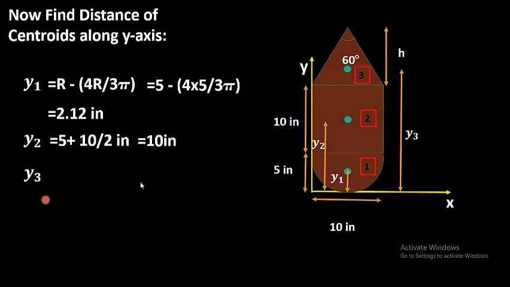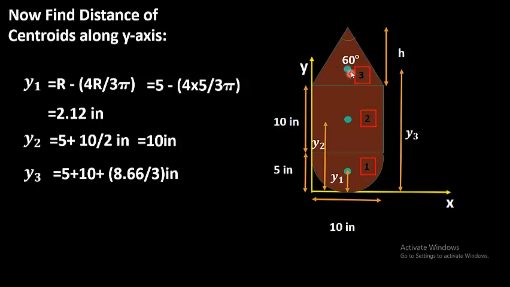Now to find y3, that is the distance of this centroid from this x-axis, along the y-axis. To find this height, we will sum up all three distances, that is 5 inches, 10 inches plus, and the centroid of a triangle lies at a height of h divided by 3, that is total height divided by 3.